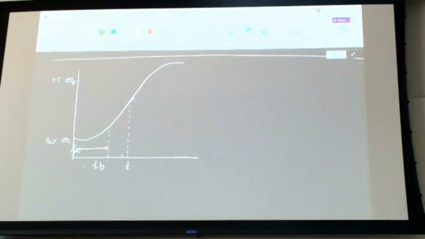What this is going to be known as is what we're going to call our blend time. And then we might see another aspect over here, which is also going to be a blend time, but now it's going to be T final minus the blend, TB.